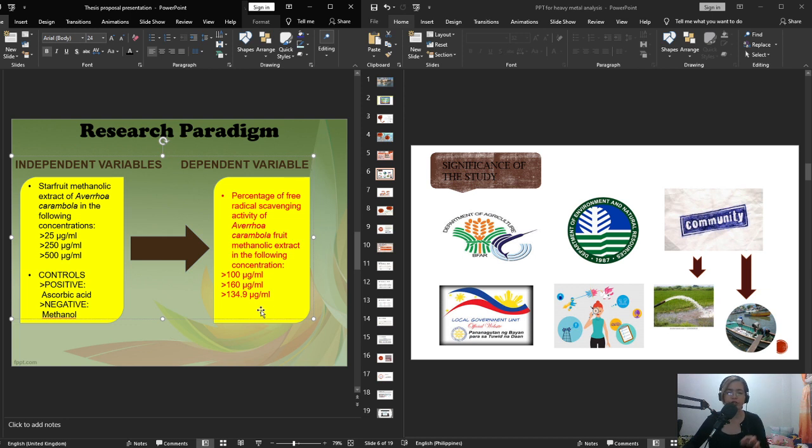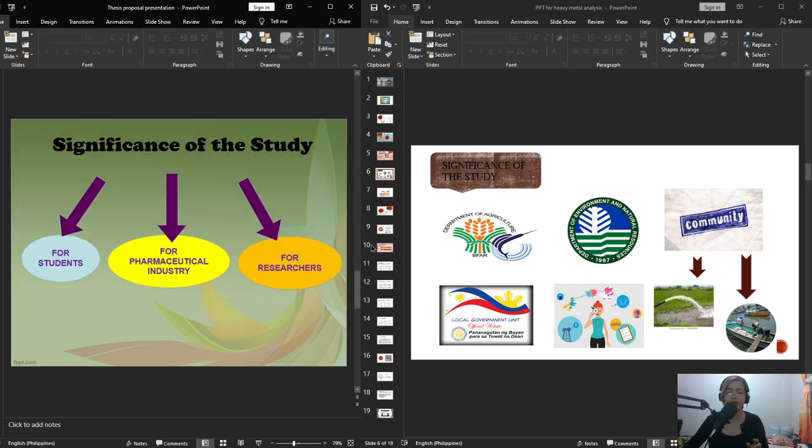So make sure that your slides are not too hard for your eyes. Okay. So next one is your significance of the study. For the significance of the study, you don't need to write the whole parts again.